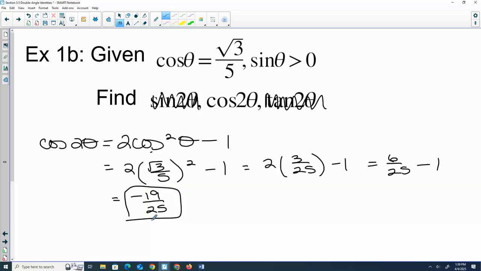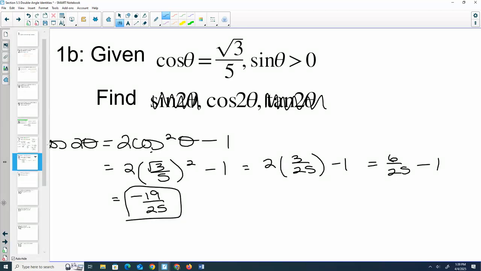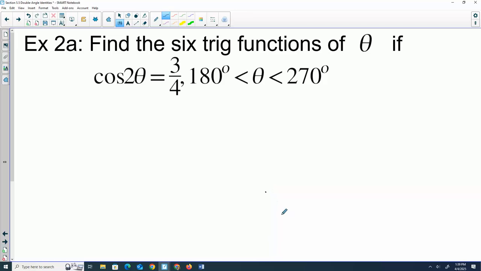We get -19/25. That okay? Let's look at this one.